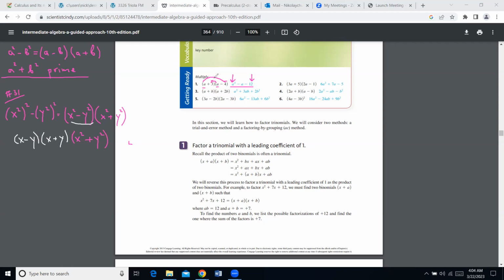So inside will be the product of 3 and a, so it's going to be 3a. And the outside product will be negative 4 multiplied by a, so it's minus 4a.